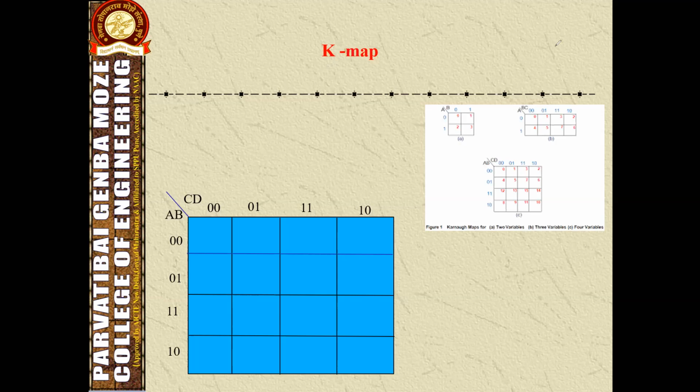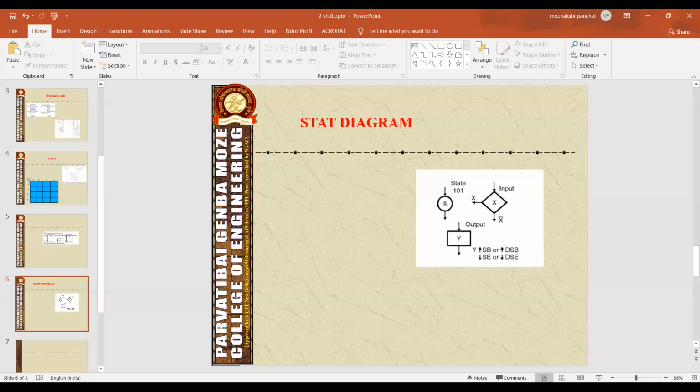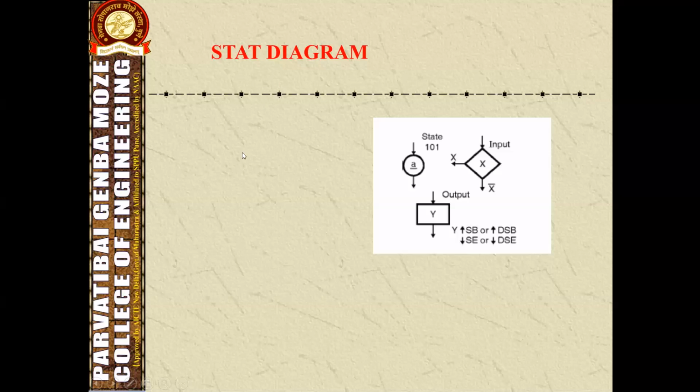So next we will see about state diagrams. What are state diagrams and how can we draw the state diagram? So let's see what the state diagram is. A state diagram allows the behavior of a state machine to be analyzed rapidly.